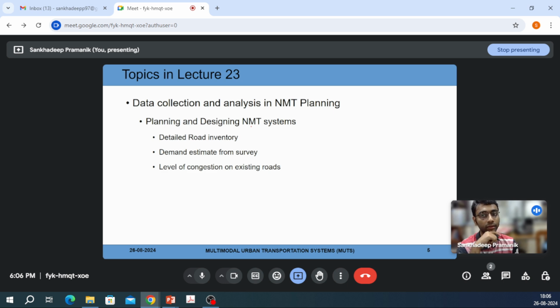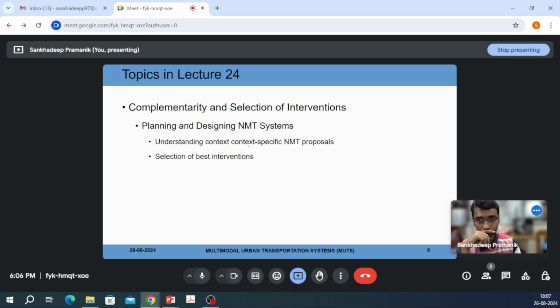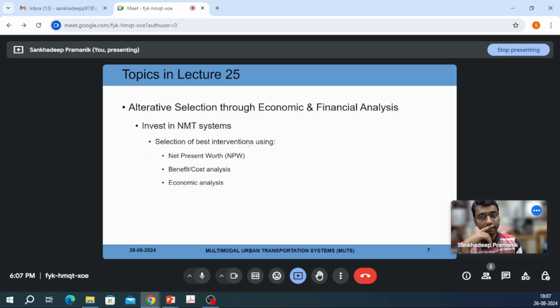These all things are done in the planning and design step. After the planning and design, the best alternative is selected for designing the NMT system.